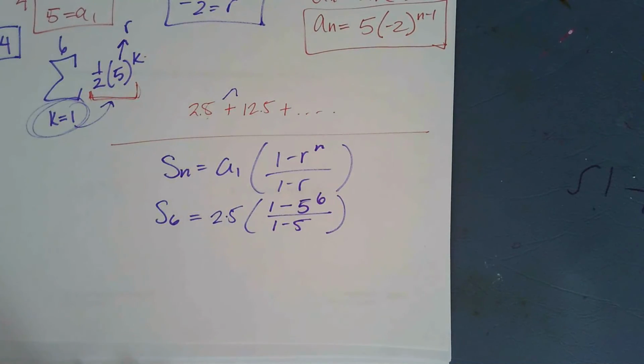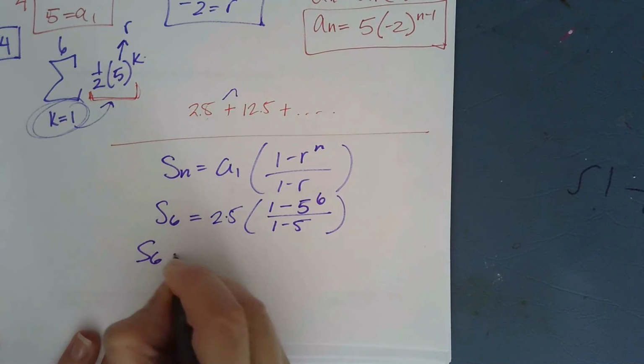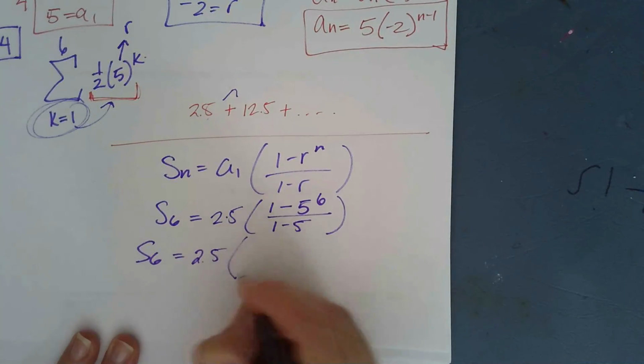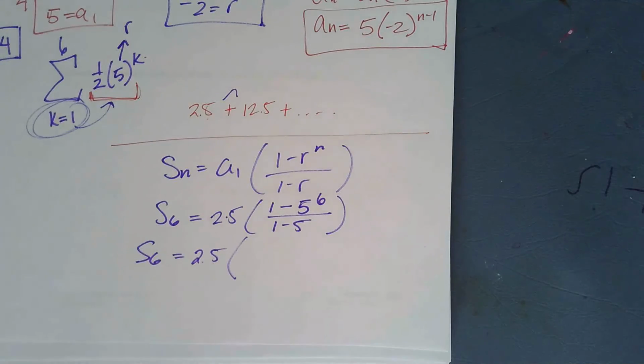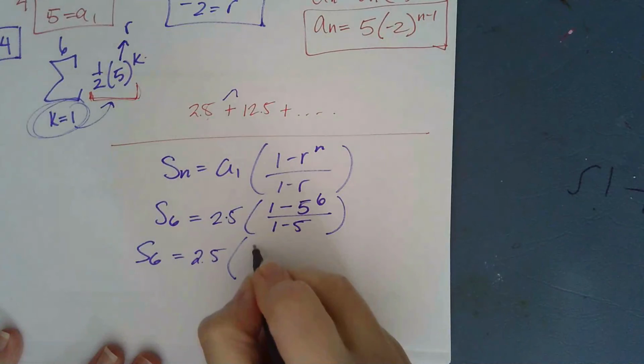Be very careful here with order of operations, okay? So what you have to do, and I'm going to do this in steps so that you can see it. So the first thing I would do is let me find my calculator here. I would go ahead and figure out what 5 to the 6th power is. So 5 raised to the 6 is 15,625.